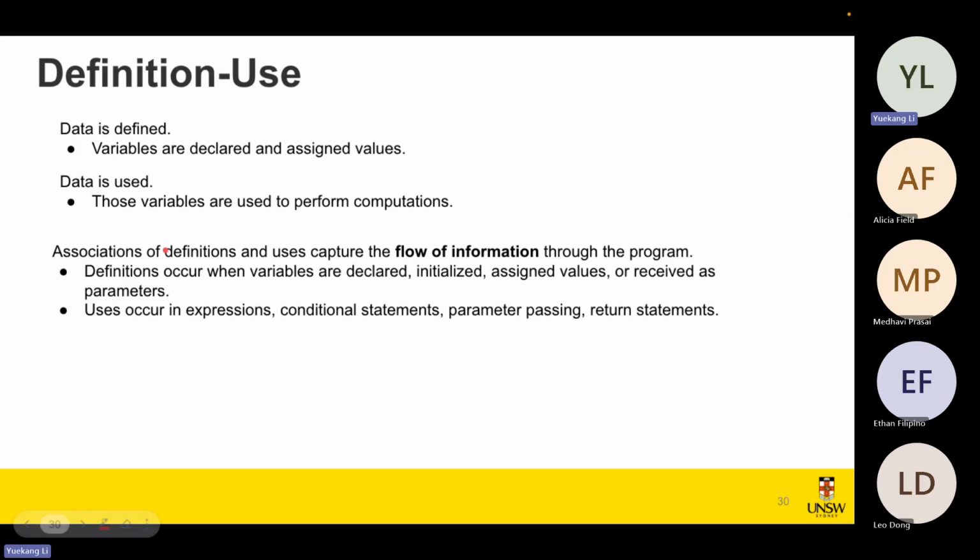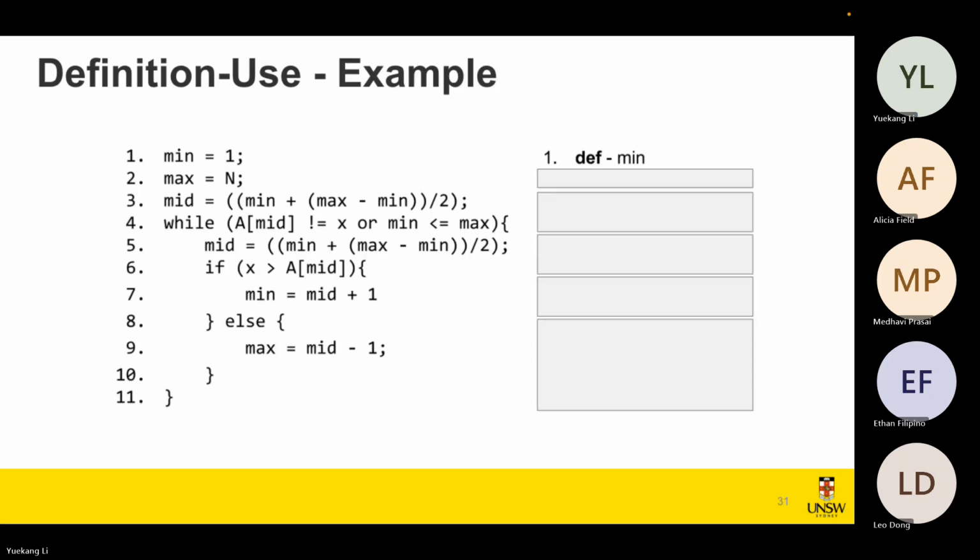So this is where definitions happen in programs, and uses happen in the locations of expressions or conditional statements or any statements where the variable is used as an operand.